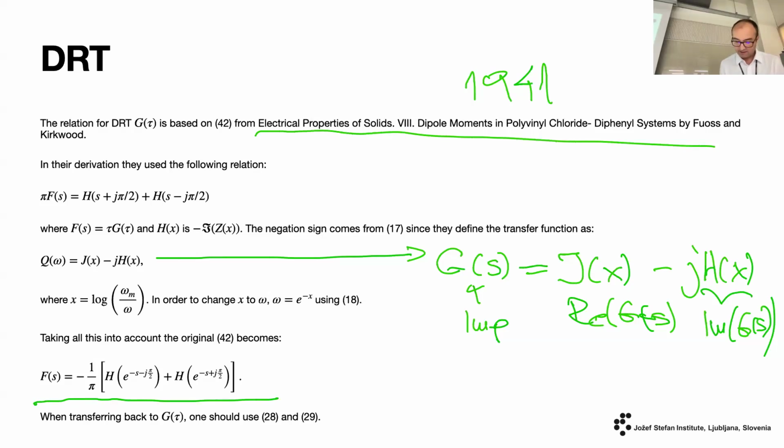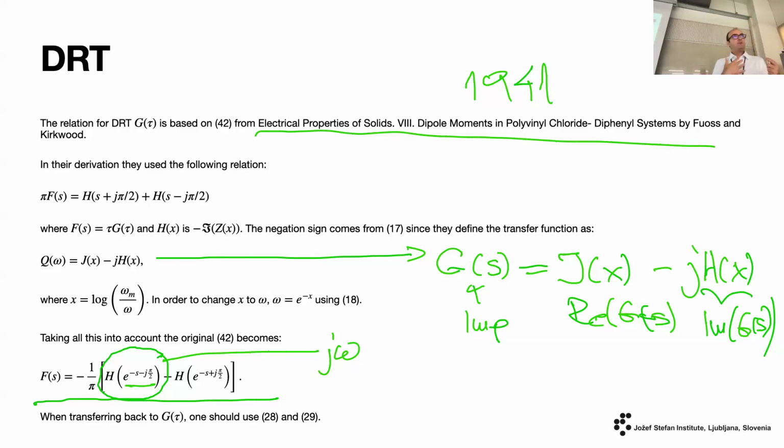So it says, take the imaginary part of the impedance, and instead of j omega, put this. And you will get the DRT in closed mathematical form. There is no regularization, no parameter estimation. It's in closed form.